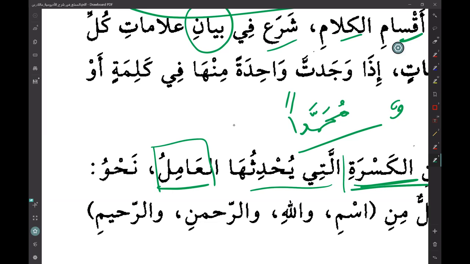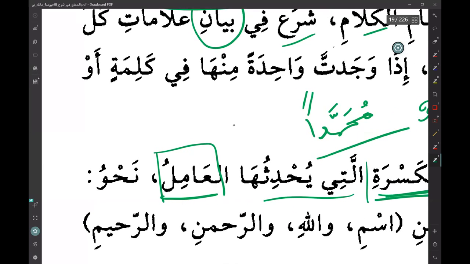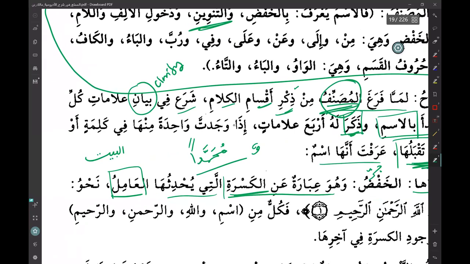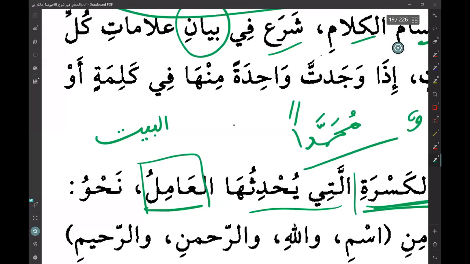For example, let me give you an example, then you will know exactly what it means. If I say the word, you guys all know the rule of the harful jar, right? Because remember, this is not a completely beginner class where I have to assume nothing. The book is assuming a lot more than I am. Okay, but you should know.